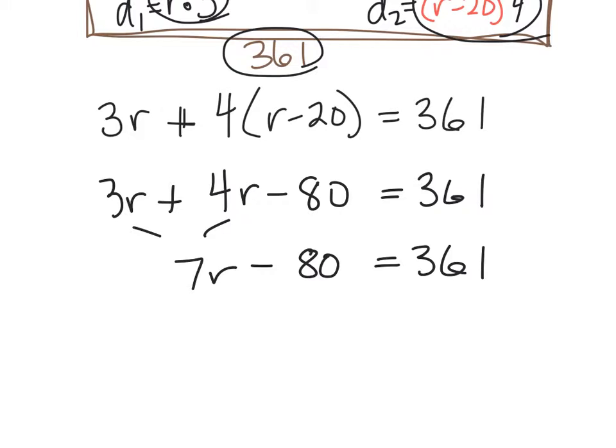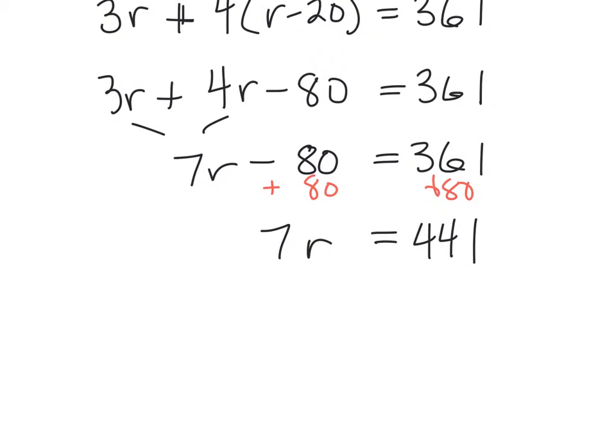So we know that if we add 80 to both sides, you're going to get 7R is equal to, oh golly, what is that? 441. And so R, we're going to divide by 7. So R ends up being 63.